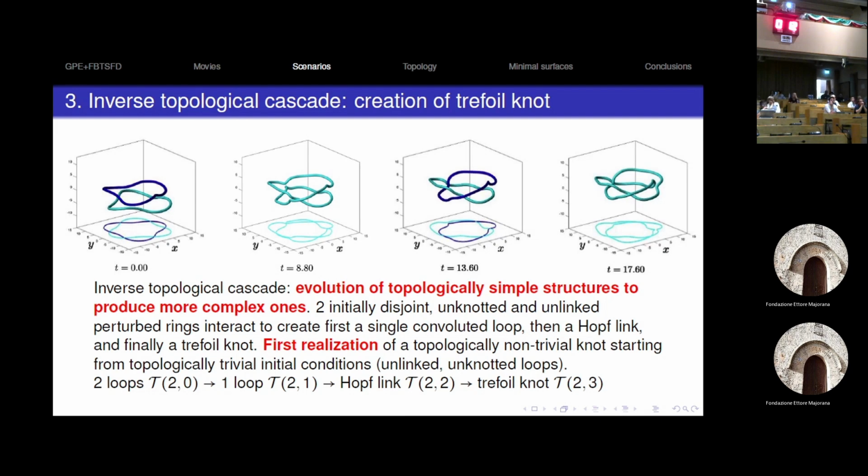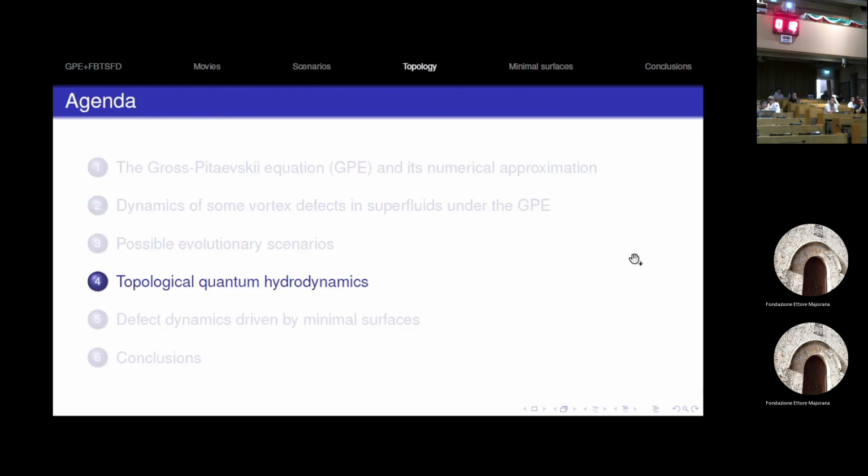So there's a change in topology every time, but the complexity is increasing. And actually, in the end, we get the production of a trefoil knot. So as far as we know, this is the first realization of a topologically non-trivial knot, the trefoil knot, starting from very trivial initial conditions. So we think this is one of the main results.